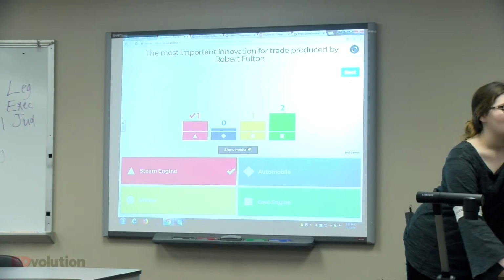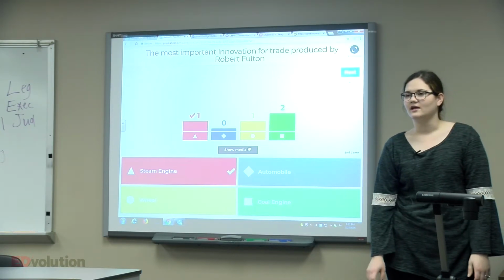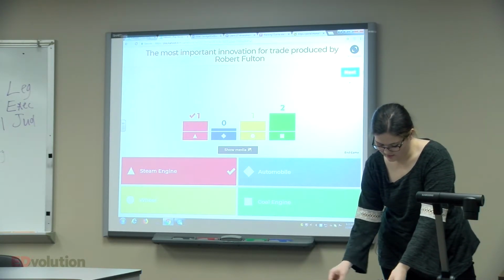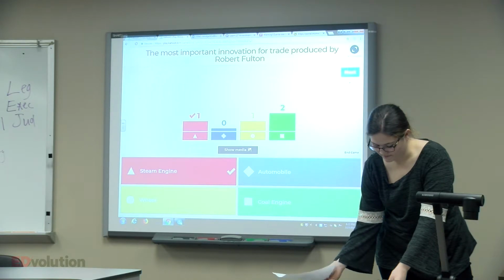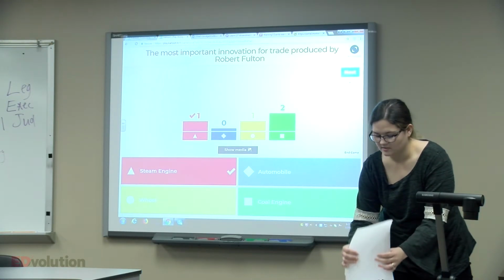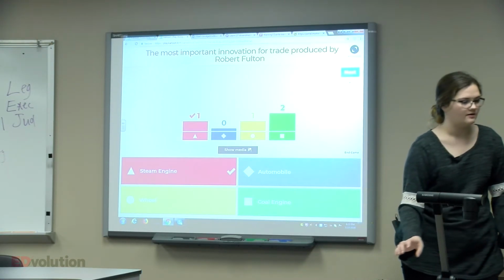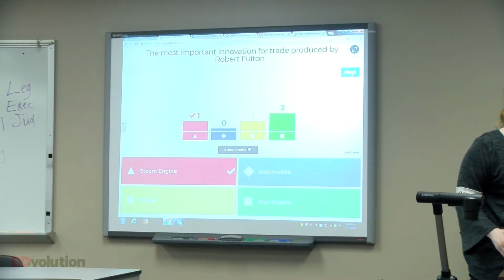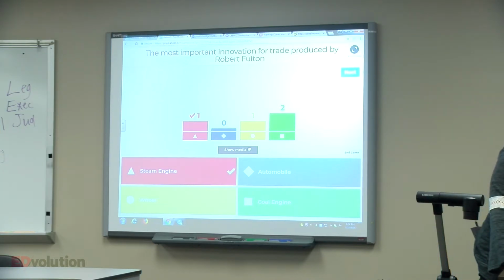I mentioned it, and I think I had the wrong name on the wrong line, because I think it was on the first page, and I said the wrong name. Oh, sorry. I had the Thomas, however his last name is, on the wrong line when I was explaining that to you. That was my goof. Yeah, so Robert Fulton, steam engine. I believe it's related to the locomotive, though. It was steam engine with the locomotive.